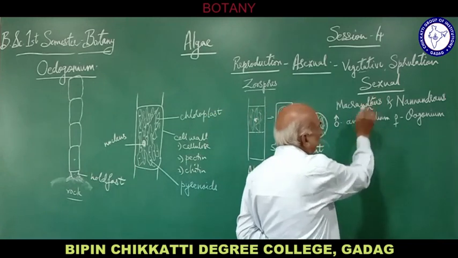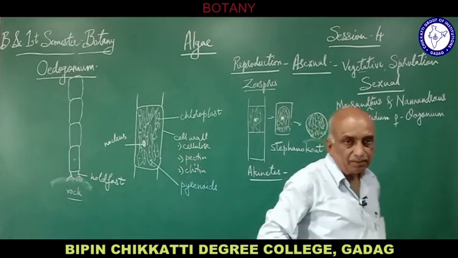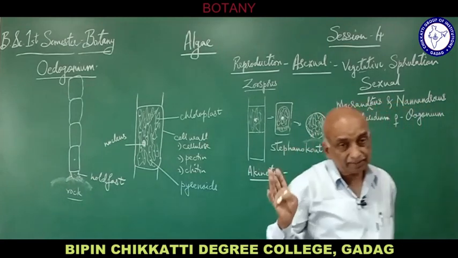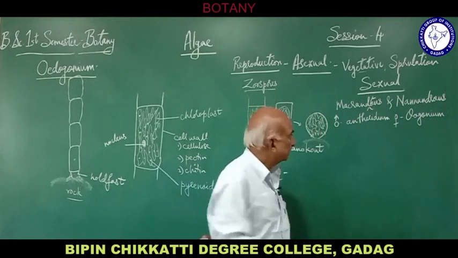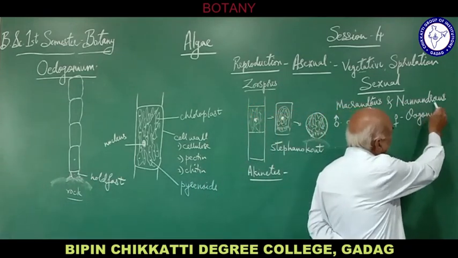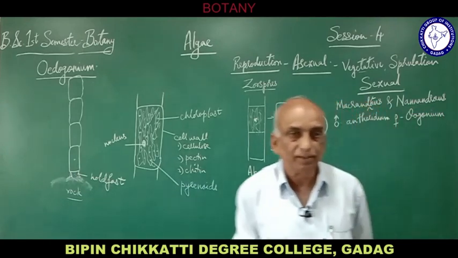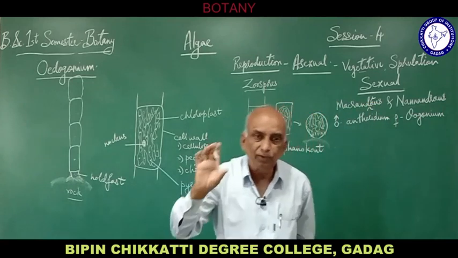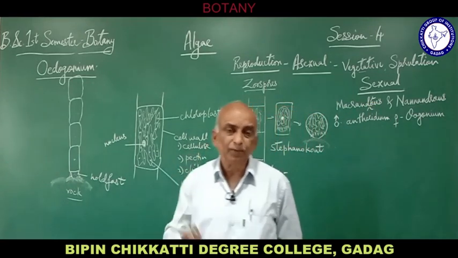Macrandrous means the antheridium. Andro means male; in a flower we refer to androecium in higher plants. So here the antheridium is on a normal, macro filament. When the antheridium is small, nano means small, so they are produced on short filaments called dwarf filaments.